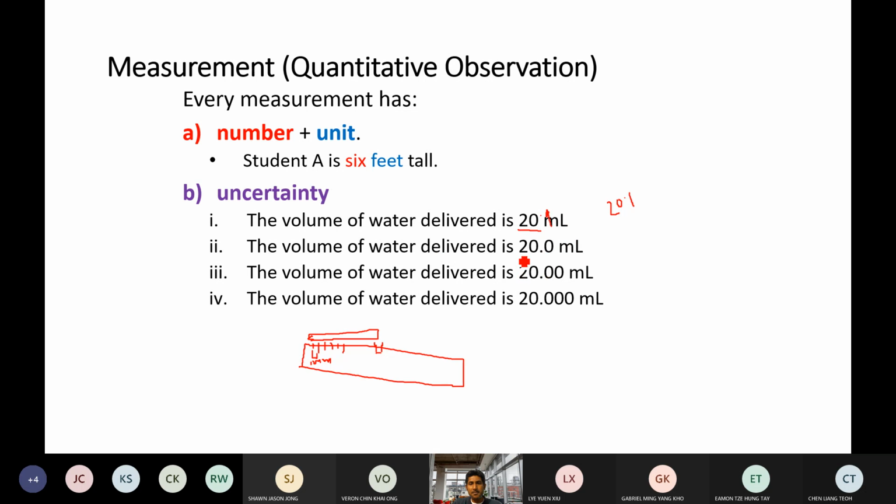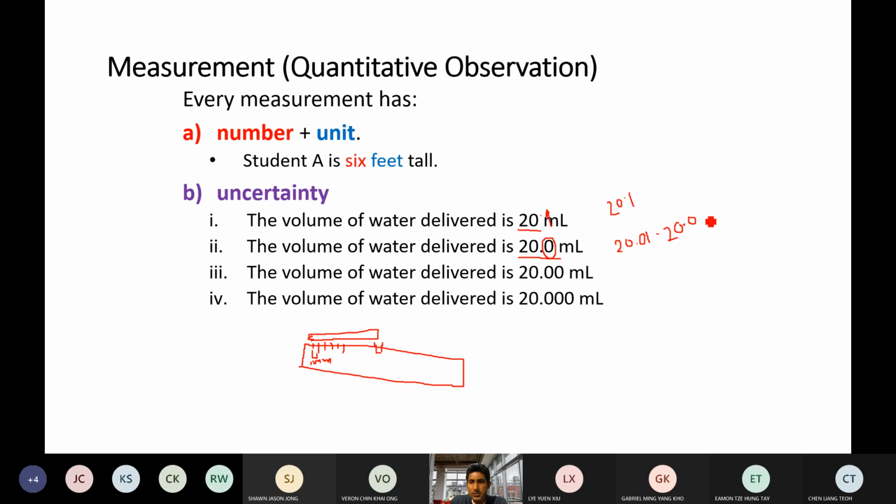But if we measure and express it this way, 20.0, that means we can detect that it is 20 milliliter, but it can be 1/10th milliliter this way or that way. So our uncertainty is reducing to 0.1 milliliter. We will not know whether it's 20.01 to 20.09, in between this.